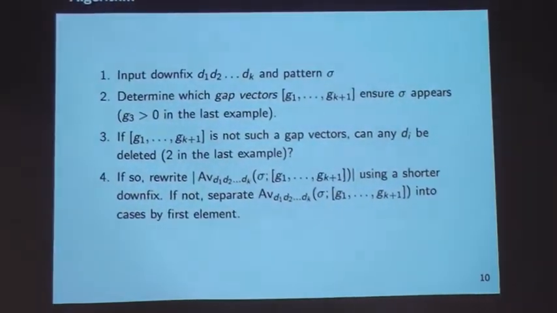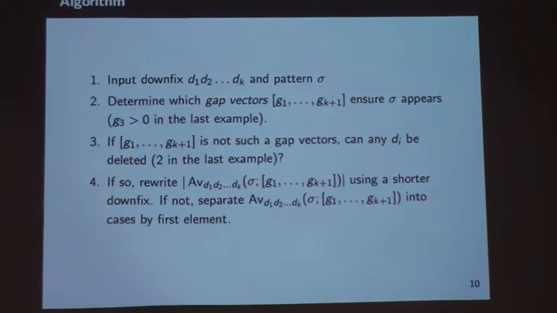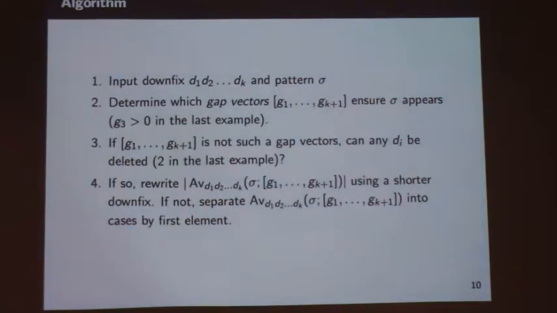Then a forbidden pattern is guaranteed to appear. Then you say, okay, say that I have a gap vector which isn't guaranteed to cause a problem for me. In our case, that was when G3 was equal to 0. In that case, are there elements that I can delete? And in this case, yes, I could delete the 2, so I was happy, and I was able to simplify my downfix.